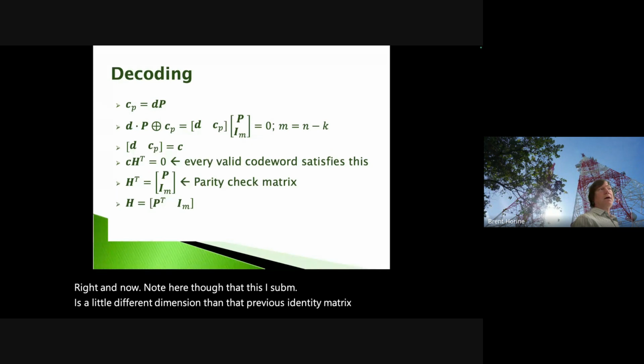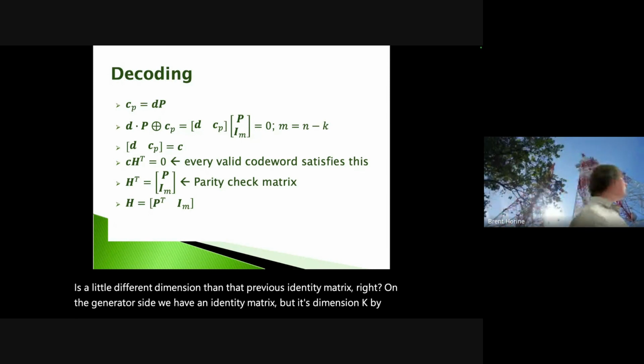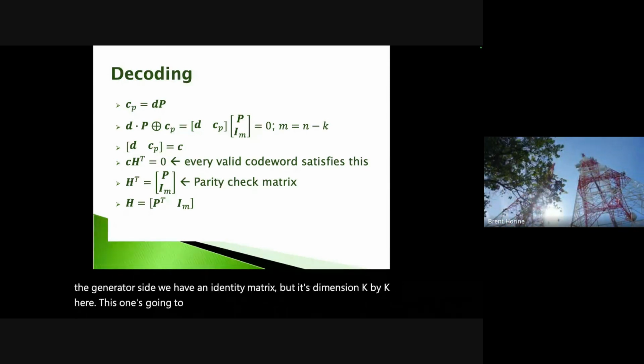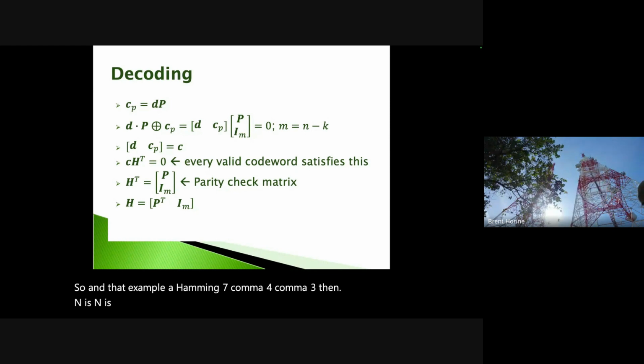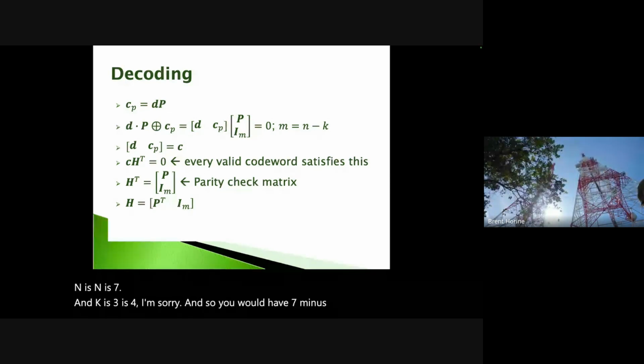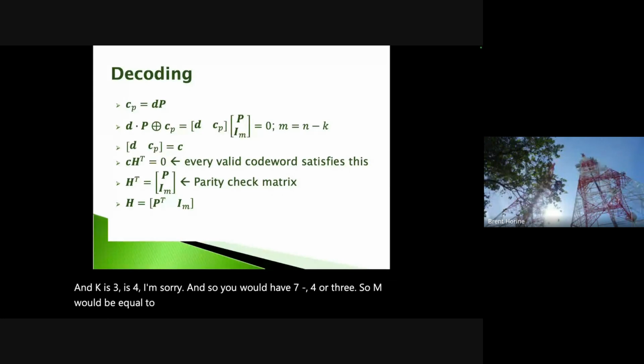On the generator side, we have an identity matrix of dimension K by K. Here, this one's going to be dimension M by M, where M is N minus K. So in that example, a Hamming (7,4), N is 7 and K is 4, and so you would have 7 minus 4, or 3. So M would be equal to 3 in that case, right?